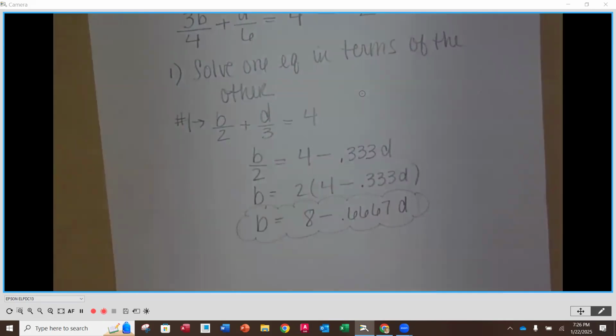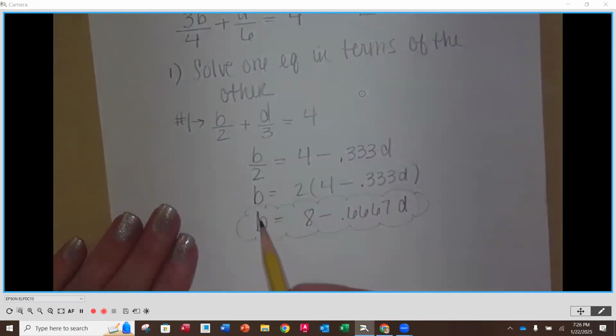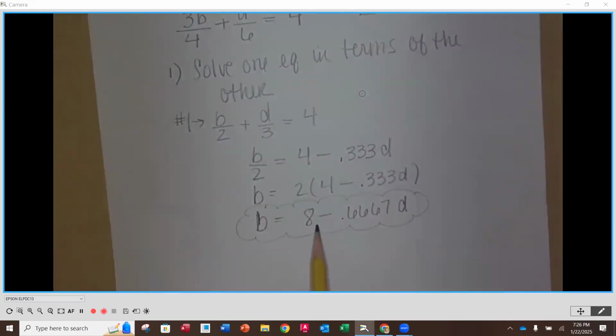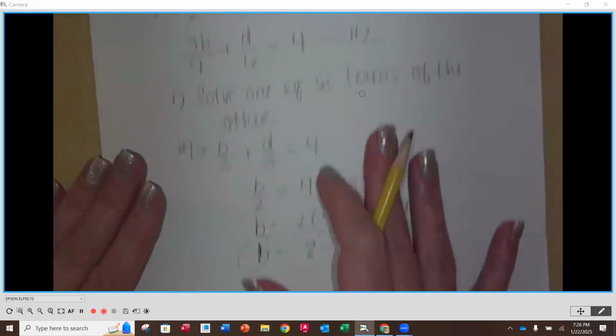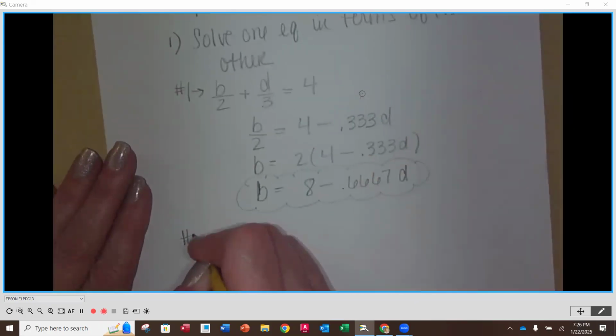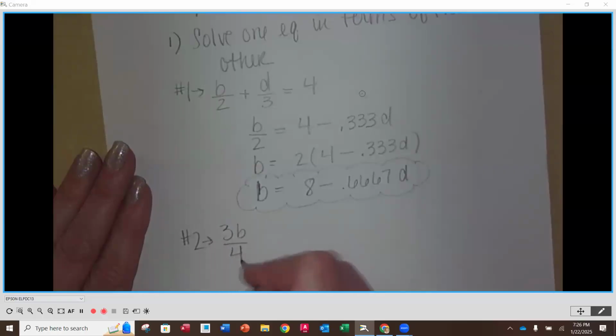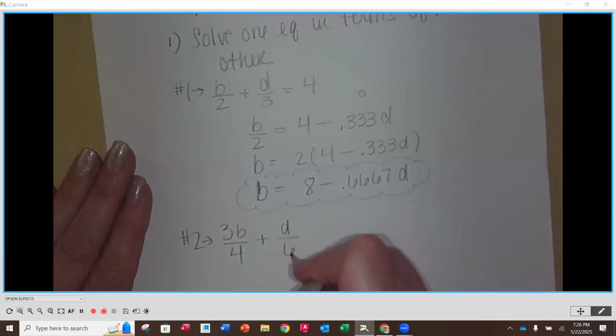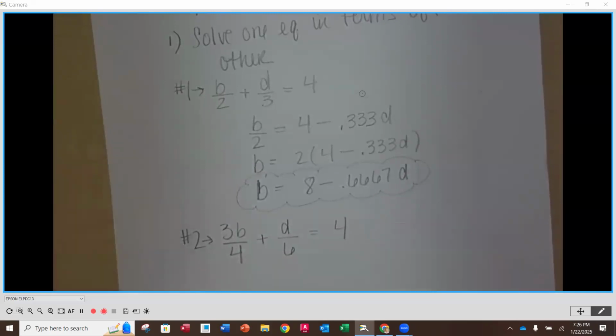Wherever we see b in the second equation, we're going to substitute the right-hand side over here. So we're going to go back up and write equation number 2. This is going to be 3b divided by 4 plus d divided by 6 is equal to 4.